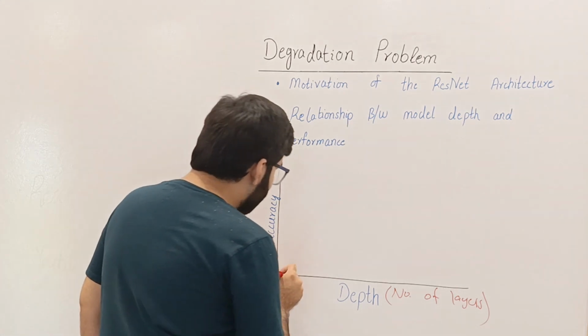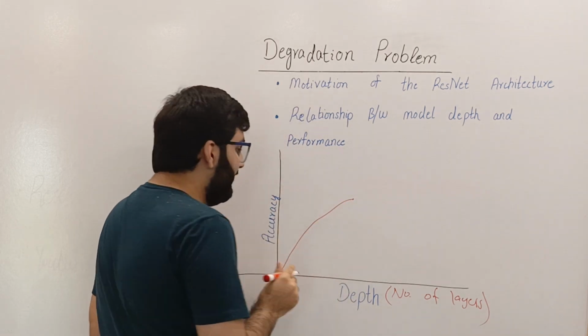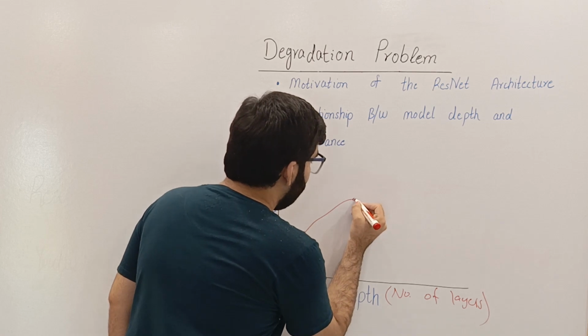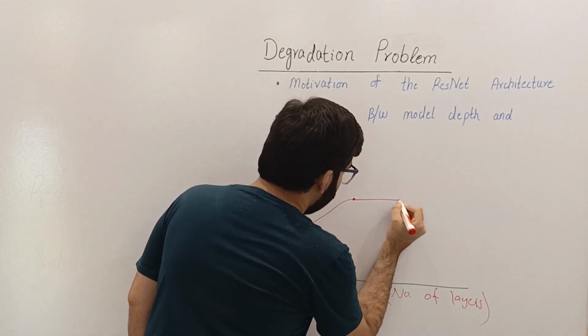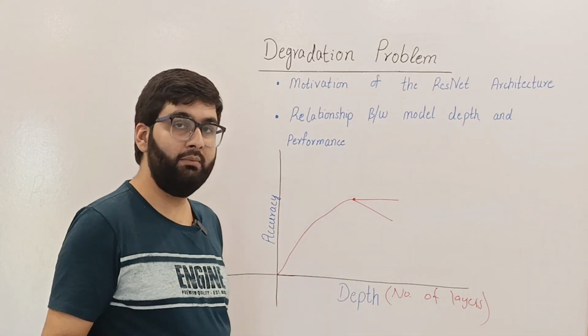If we increase the depth of the model, typically the accuracy will also increase. But that is only up to a certain point. Let this be the point. After this, the accuracy will either converge or decrease, but it will not improve anymore.